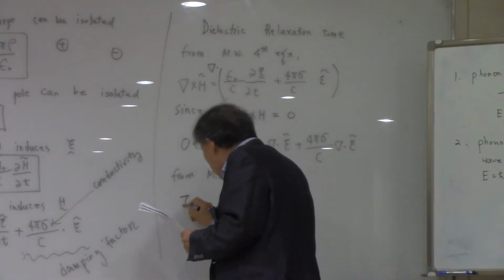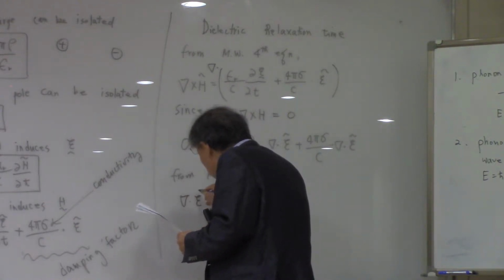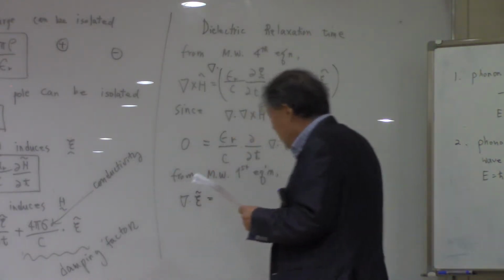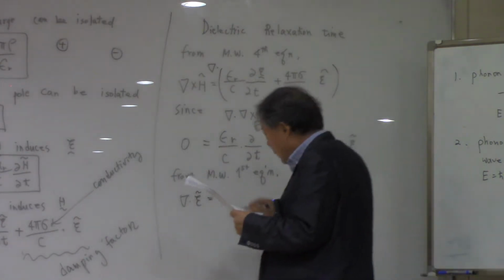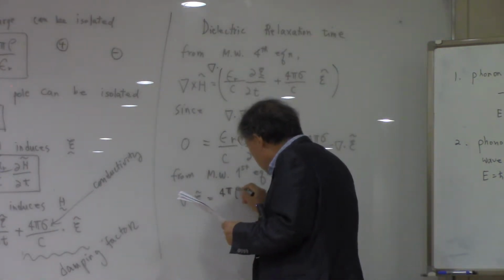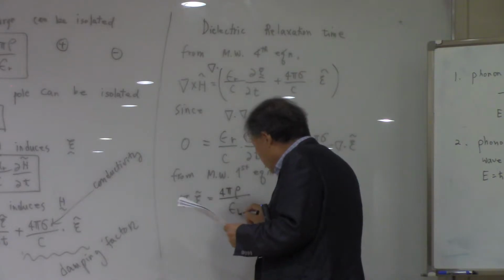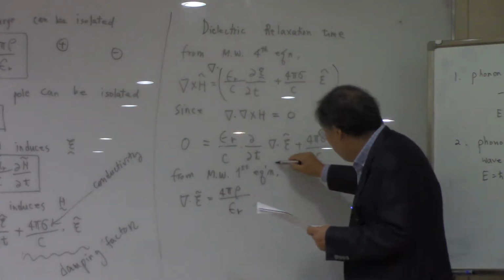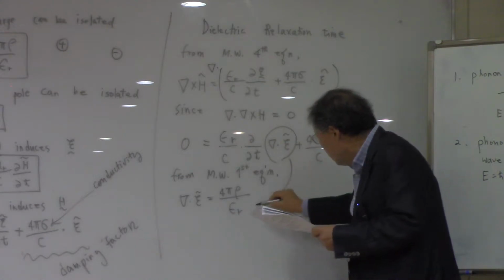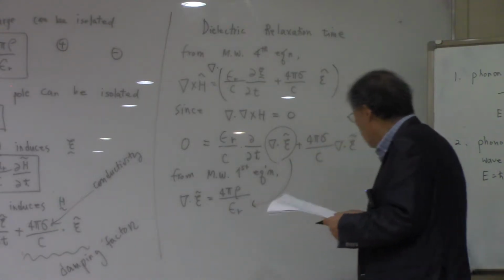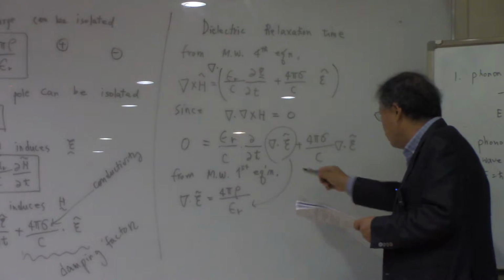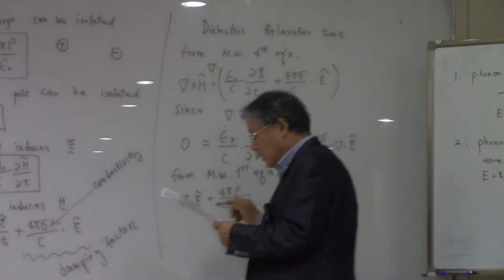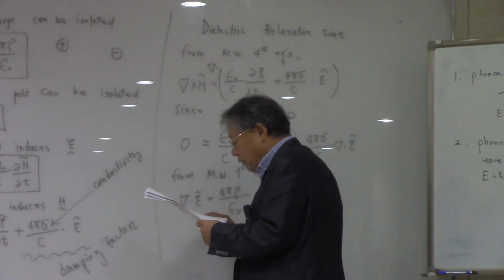We know that the divergence of the electric field can be isolated to get the charge density like that. That is the first Maxwell equation. This thing can be equated using this Maxwell first equation.